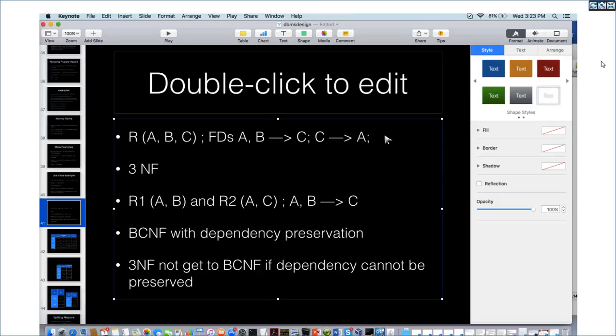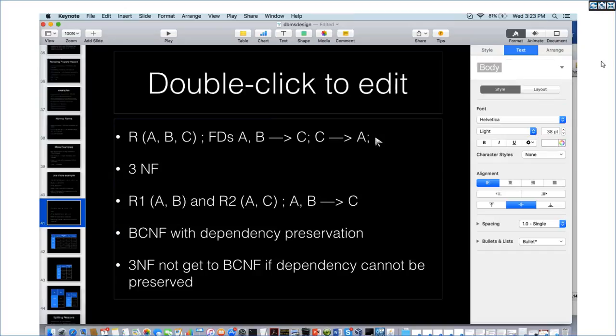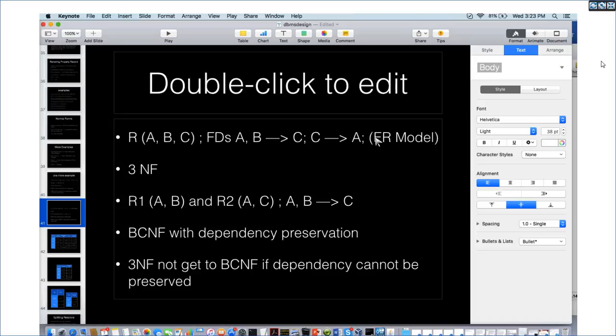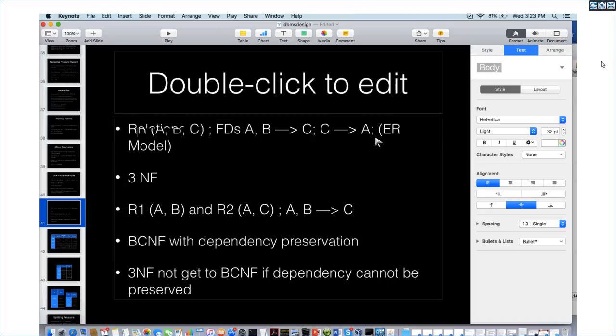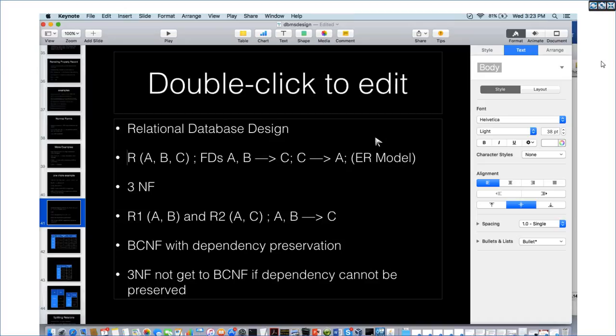The ER model is the starting point for the relational database design. These are the relations that are coming from the ER model.